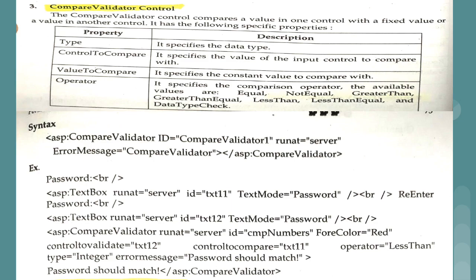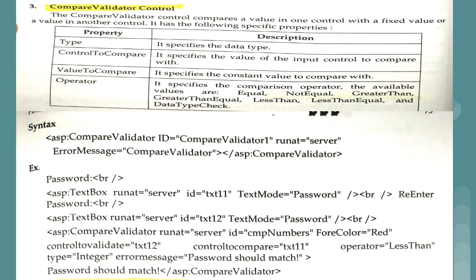The compare validator will compare the two text boxes, and if the values inside both text boxes do not match, it will give you an error. So for the same we are using the compare validator. Again, as I said previously, all the 5 properties are the same, but there are some new properties associated with the compare validator.